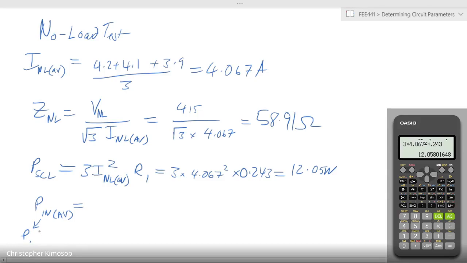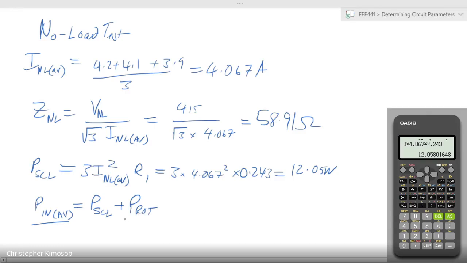But because certain elements of the circuit are not present, it can be taken as a whole. And that is equal to the stator copper losses plus the rotational losses.